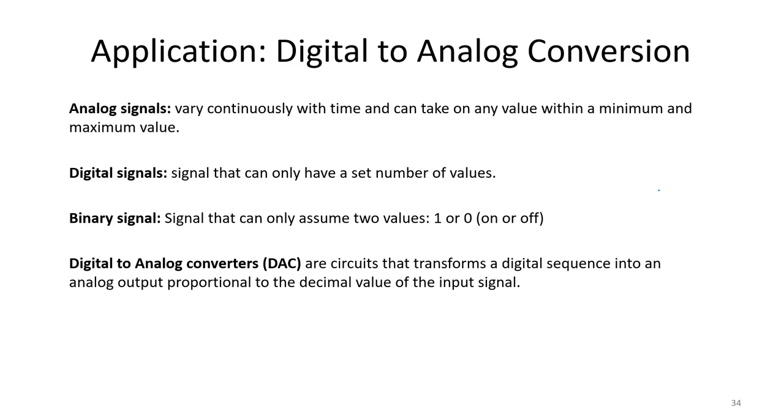And what we mean by that is we're trying to convert a signal from digital format to analog format. An analog signal is a signal that varies continuously with time, and it can take on any value within a minimum and maximum.